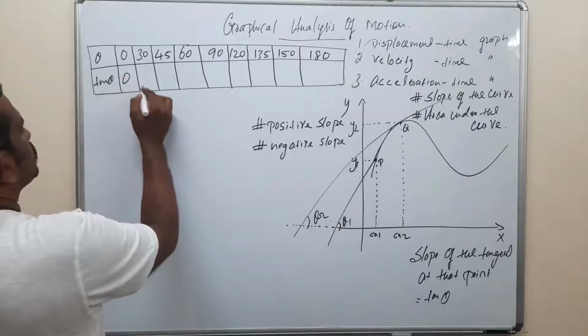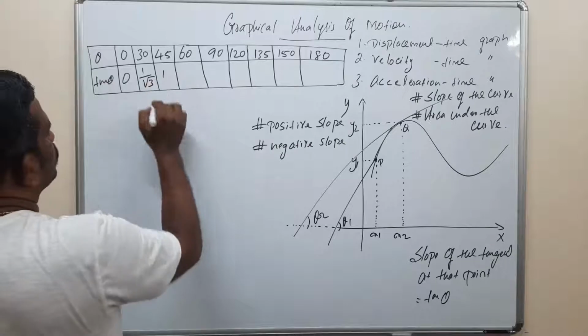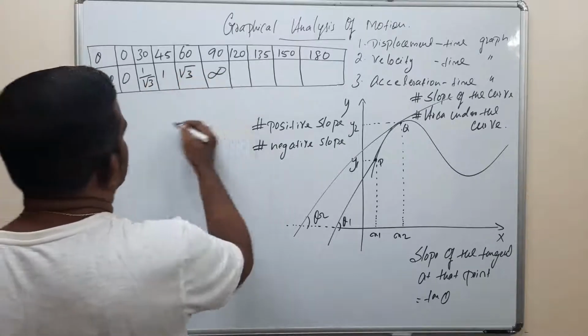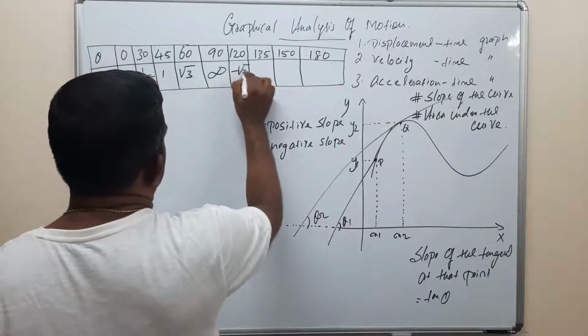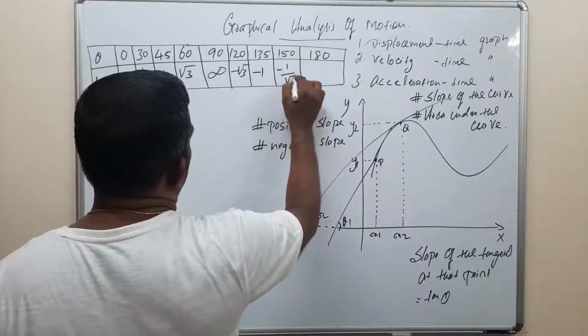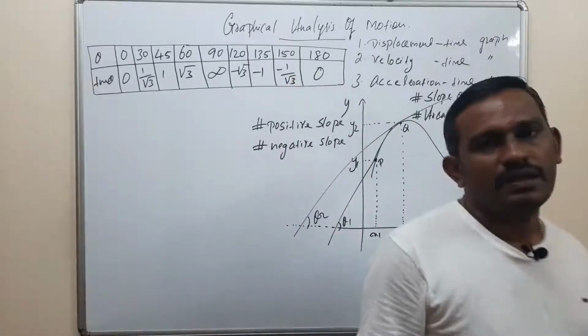Tan 0 is 0, tan 30 is 1 by root 3, tan 45 is 1, tan 60 is root 3, tan 90 is infinity, tan 120 is minus root 3, tan 135 is minus 1, tan 150 is minus 1 by root 3, tan 180 is 0.